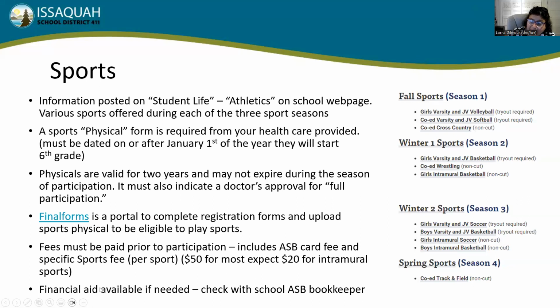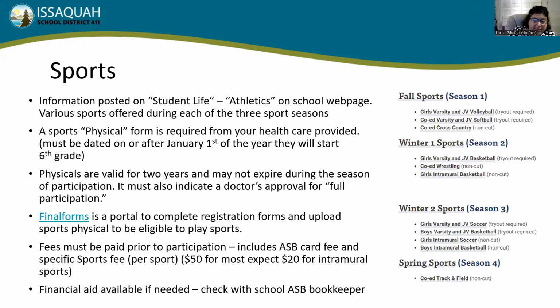If you need help financially, you can ask for support from the ASB bookkeeper, which is the school's bookkeeper. Each school has a person they call a bookkeeper. So we have a school registrar, a school bookkeeper, and a school main attendance person. There are three different roles at the middle school where these people do those jobs.